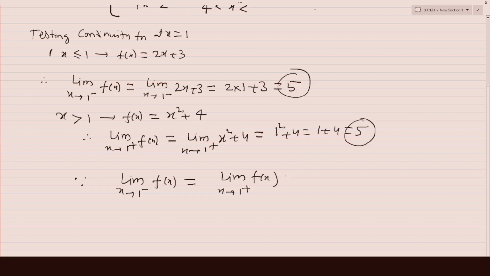Both results are equal, that is equal to 5. This implies f(x) is continuous at x equals 1.